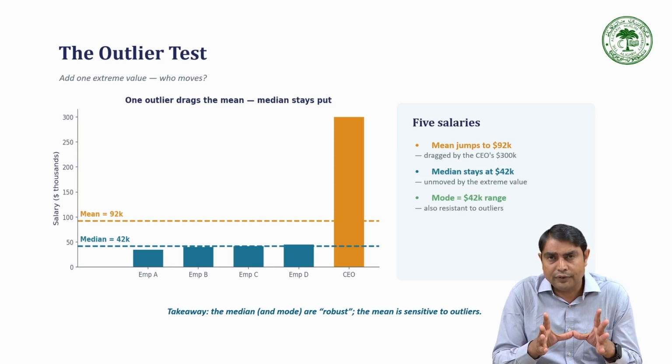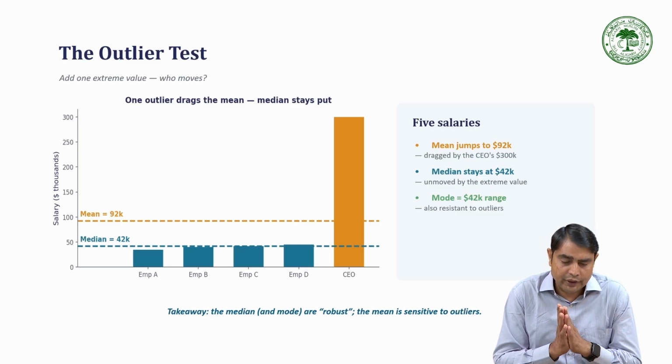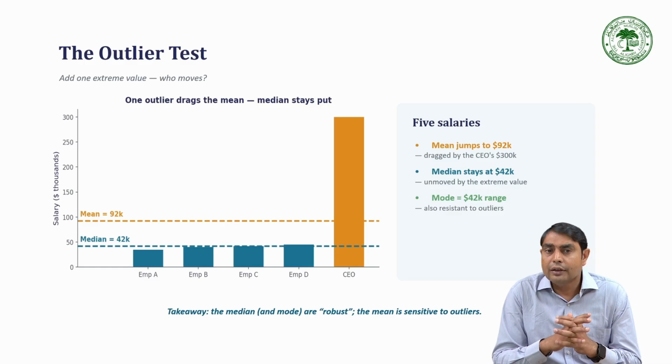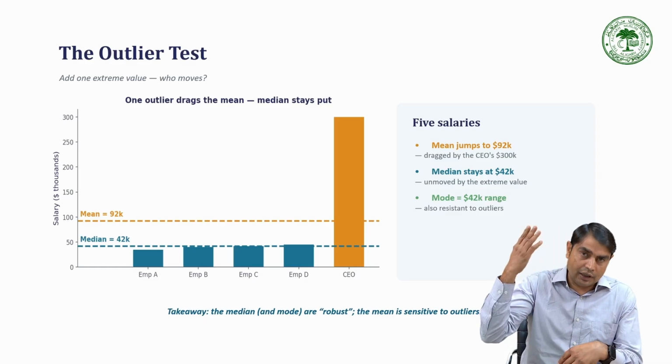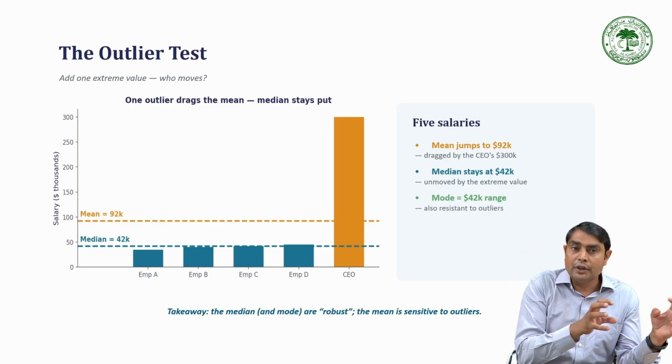So there are five employees and their salaries are given. Employee A, employee B, employee C, employee D, and employee E. Employee E is nothing but the CEO. I mean, the CEO is getting a very high salary, and because of this, what will happen?